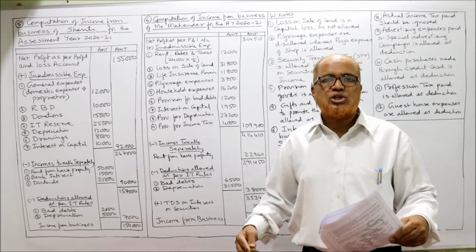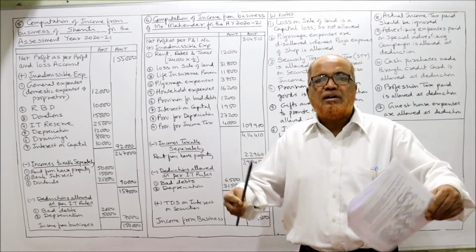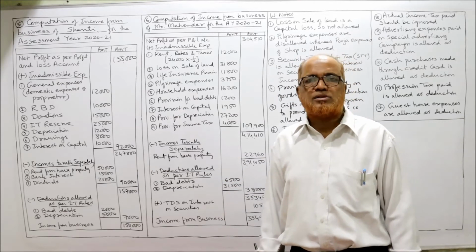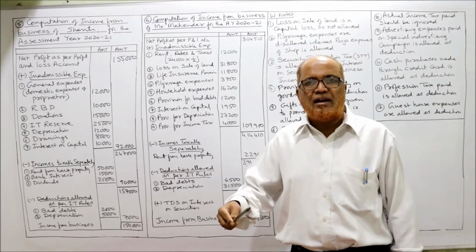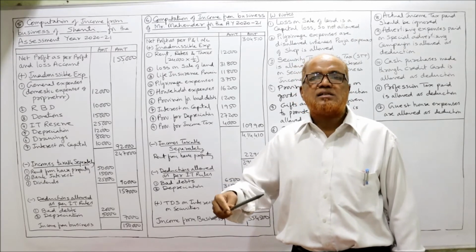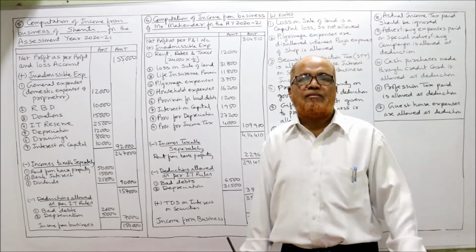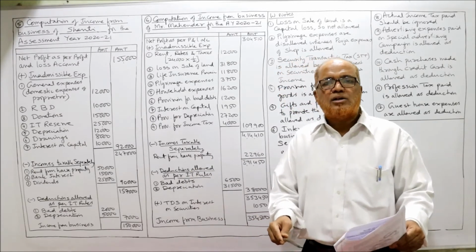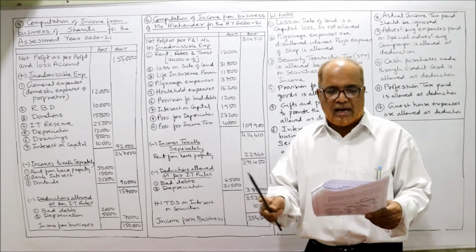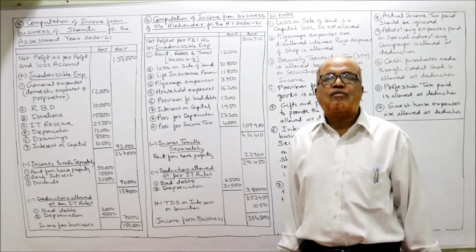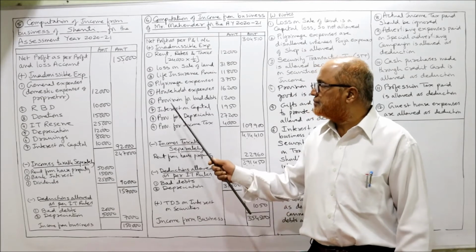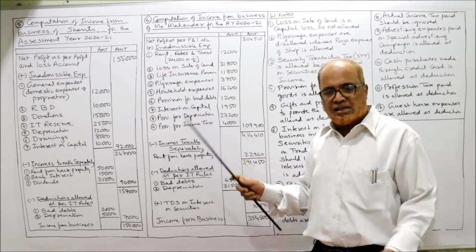It's a normal procedure that warranty will be given by the business to the customers. Whenever warranty is given, there are chances that the businessman has to incur some expenditure on the warranty. So provision is made, and provision for warranty is allowed. Provision for bad debts, not allowed, disallowed.